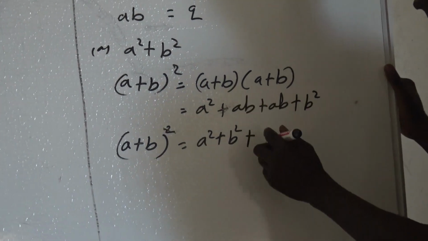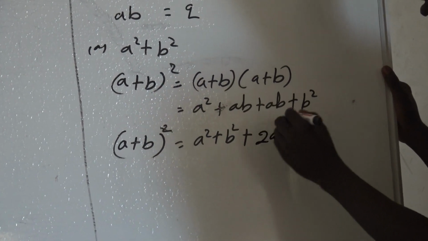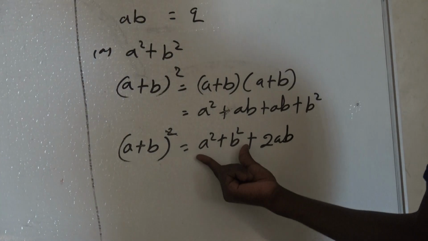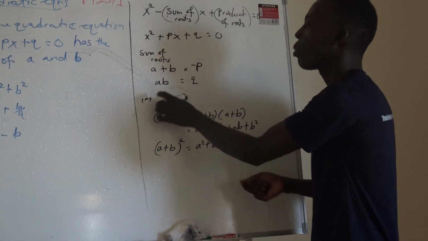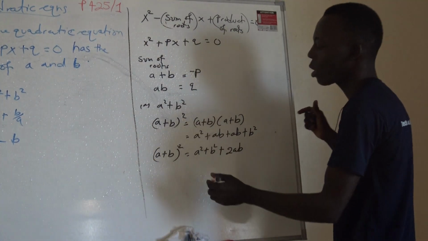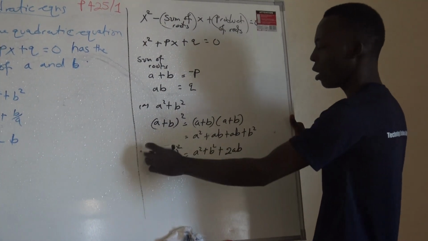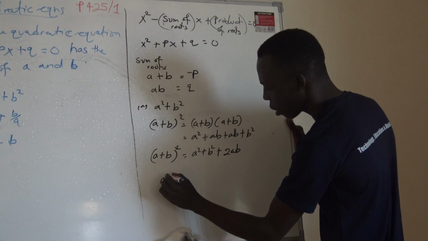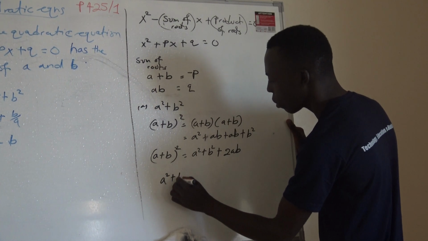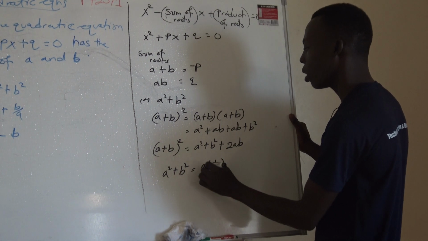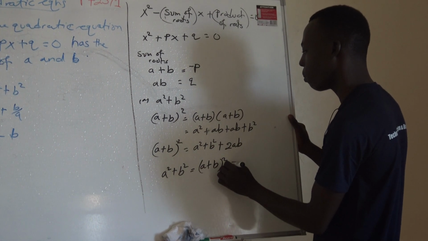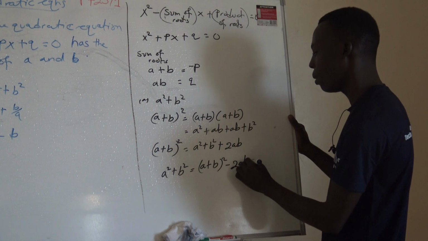What we do, we just add, which is 2ab. So since we need something like this, we make this one the subject. By making it the subject, we are taking this one to the other side, so it becomes a squared plus b squared equals a plus b, then squared, minus 2ab.